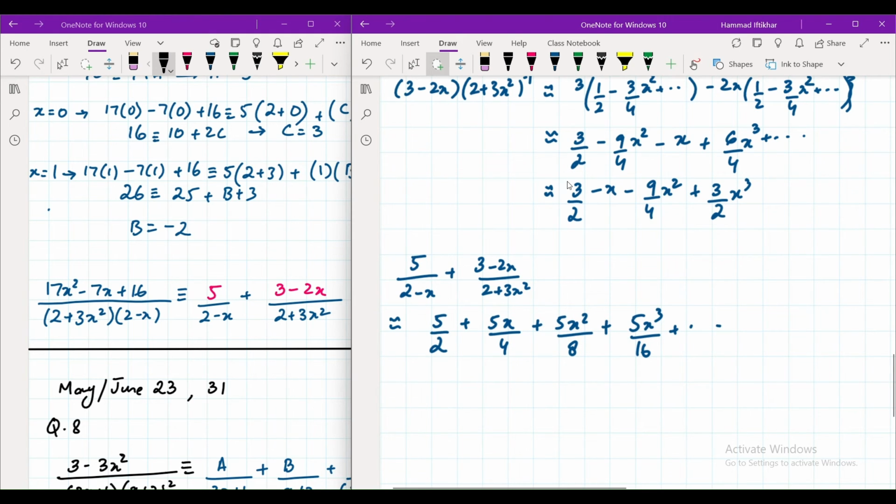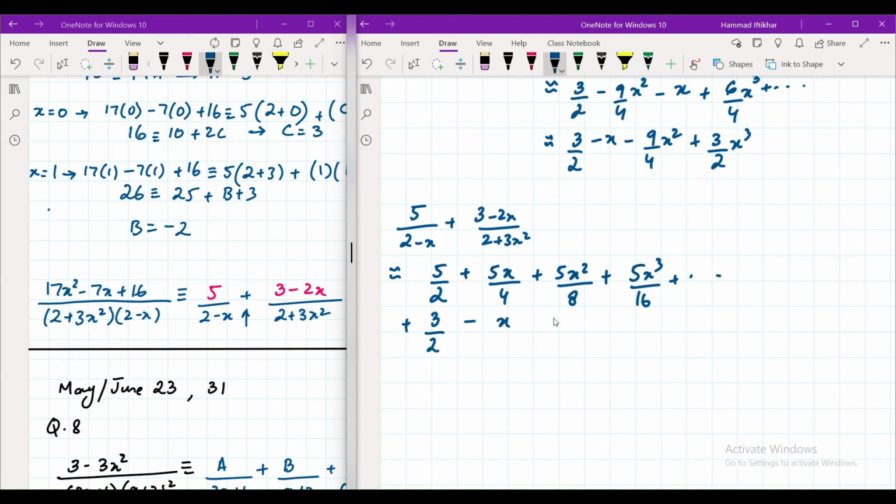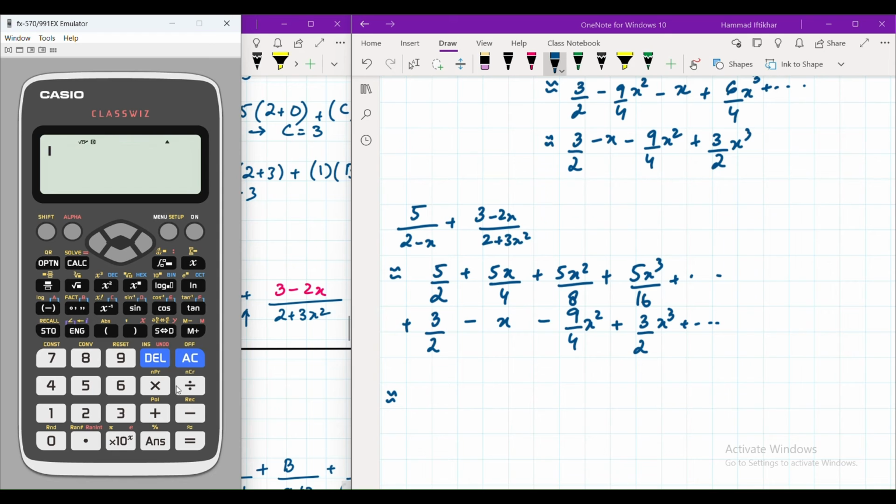And then for the second one, since it is plus in the middle, we will add up 3 by 2 minus x minus 9 over 4 x squared and plus 3 by 2 x cubed. So now the final answer would look like this.